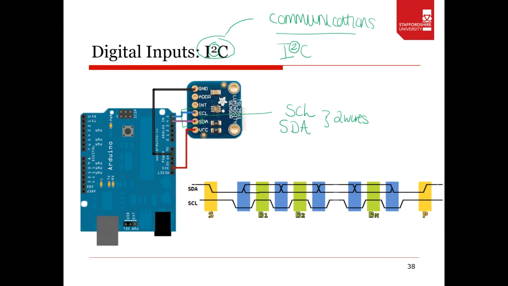As you can see, the other links are connected to 5 volts, VCC, and the ground. And then we've got the data line. This data line can either be high or low.